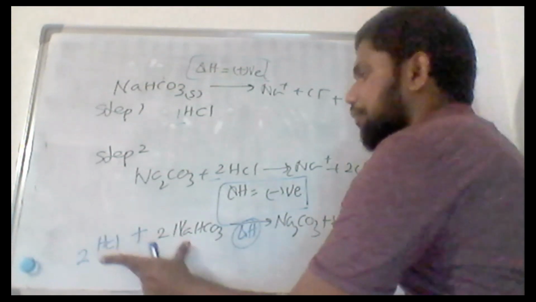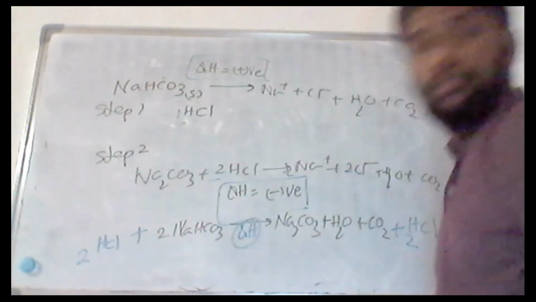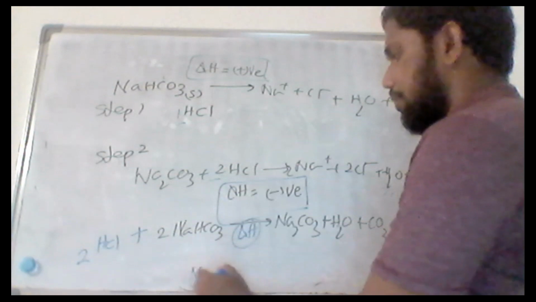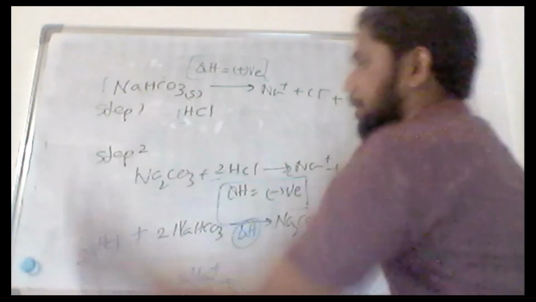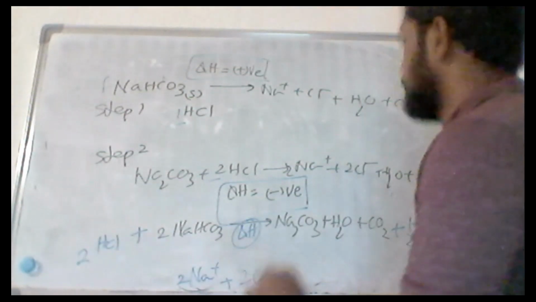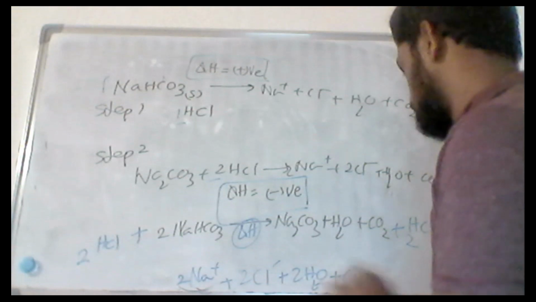Now think, when these two react in the same way here, what are your products? Well, it should be these, right? 2Na+, because here the stoichiometry is 1:1, but here I use 2. So 2Na+, 2Cl-, 2 water, 2 CO2.